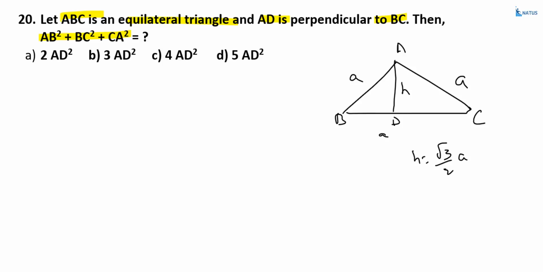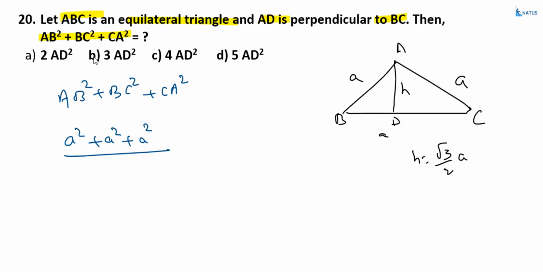Now, here we required AB square plus BC square plus CA square in terms of AD. Right? AB square is equal to A square. This is equal to A square plus A square plus A square. Here all options are in the form of AD square, so AD is equal to root 3 by 2 A whole square.